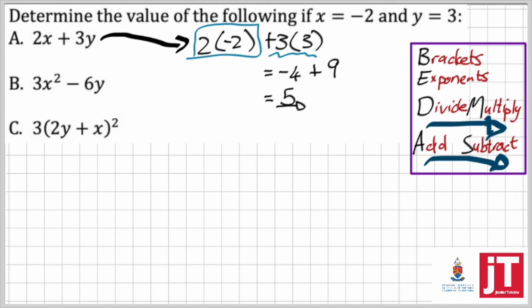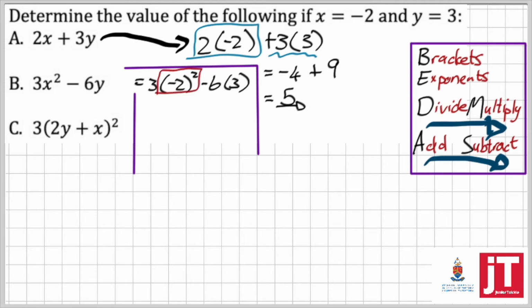Now let's look at the second one. I'm going to start by substituting that in. The -2 squared and then the 3. Now I've got to first handle the exponent before I can multiply the 3. You see, exponent is before divide and multiply. Remember that.